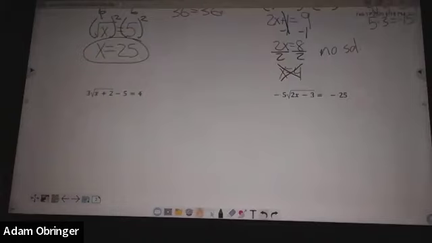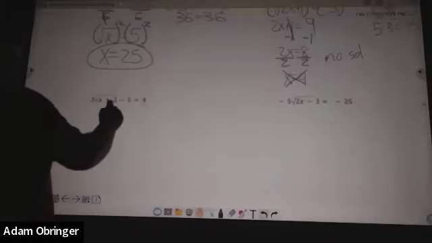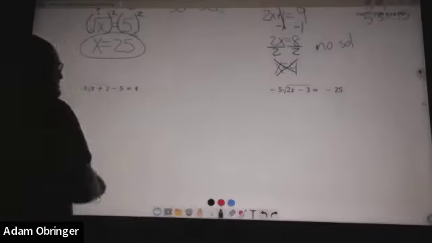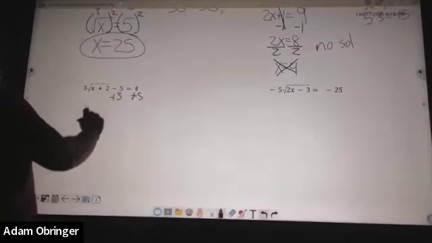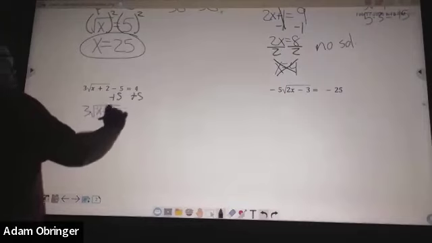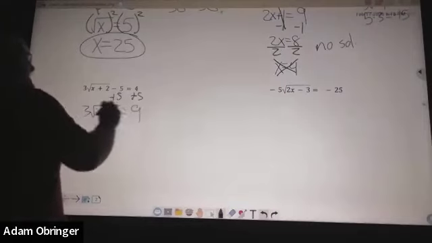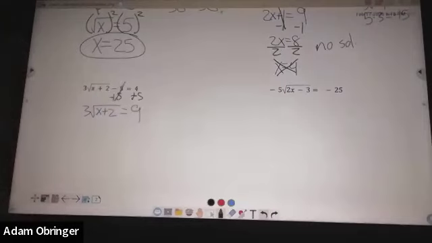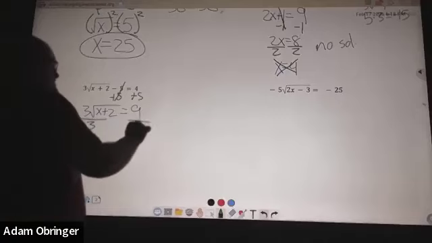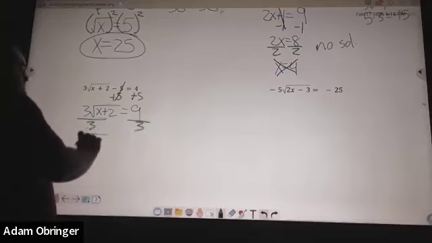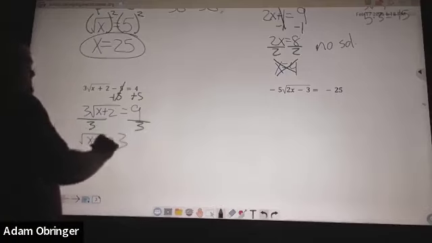The next one, 3 square root x plus 2 minus 5 equals 4. Again, we're going to cancel the stuff on the outside. So plus 5 to both sides. 3 square root x plus 2 equals, this would be 9. To cancel the 3 in front, we are going to divide by 3. Square root x plus 2 equals 3.